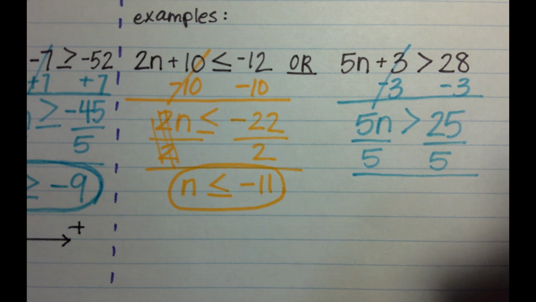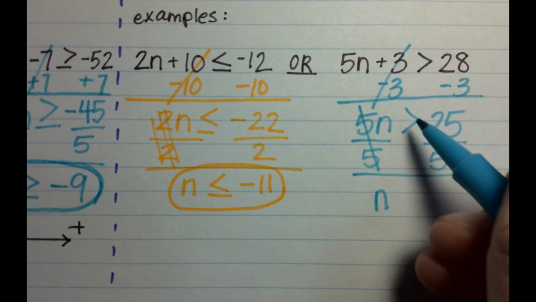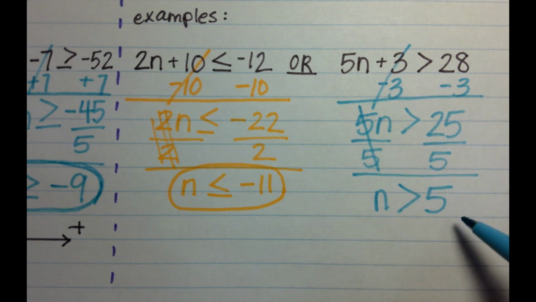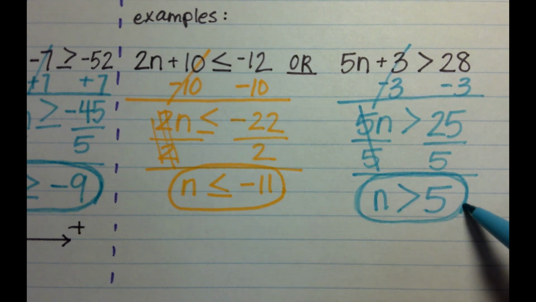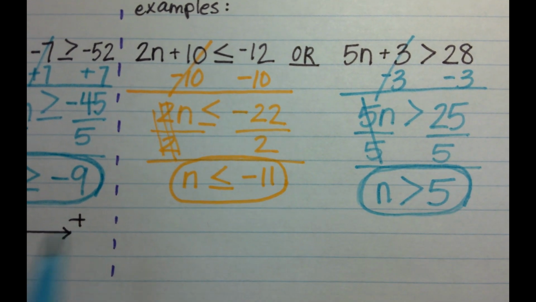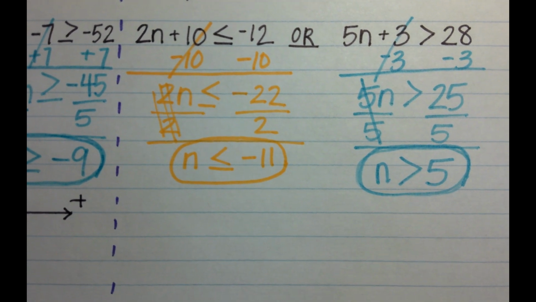My 5's cancel. I'll bring down my n and my greater than sign. 25 divided by 5 is 5, so n is greater than 5. So I have my 2 answers to my inequalities. I have n is less than or equal to -11, and then I have n is greater than 5.